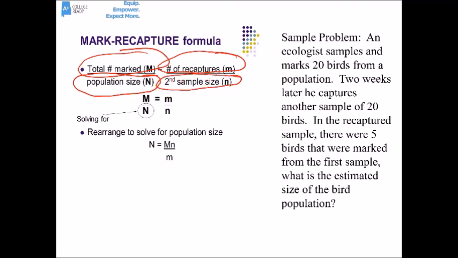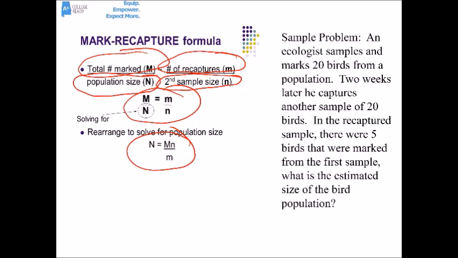So we're trying to find the population size, the total population size, N. So let's solve our ratio for N to get this equation. So N is equal to the total of marked individuals in the first sample times the size of the second sample, lowercase n, divided by the number of organisms recaptured in the second sample. In that case, this is M.